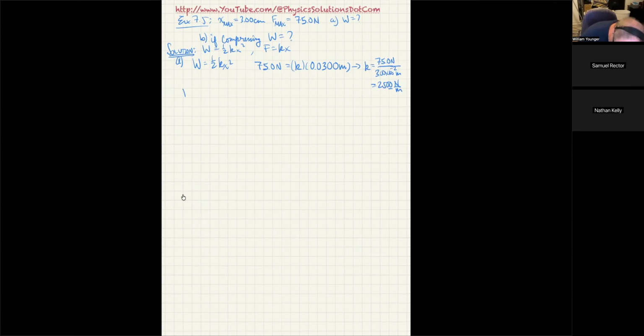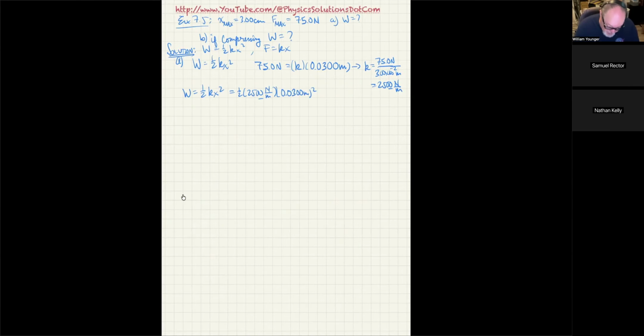So now we're going to do the work part, which doesn't require any integration. We just have to go 1/2 kx squared, because we learned that whether you're compressing it or stretching it, it's always going to be 1/2 kx squared. So we say 1/2 times 2,500 newtons per meter, that's one extra digit, times 0.0300 meters squared.